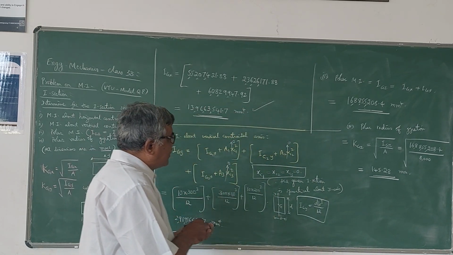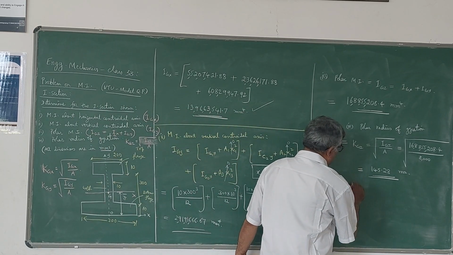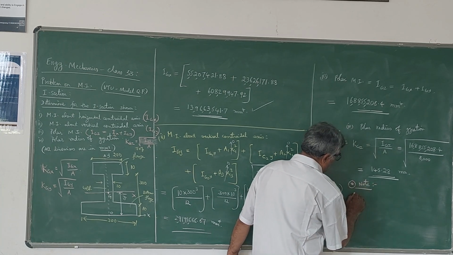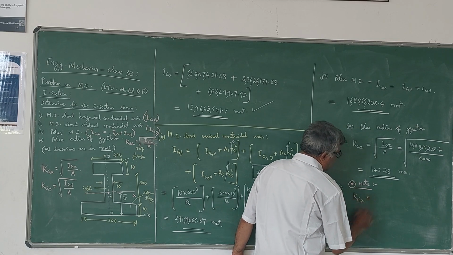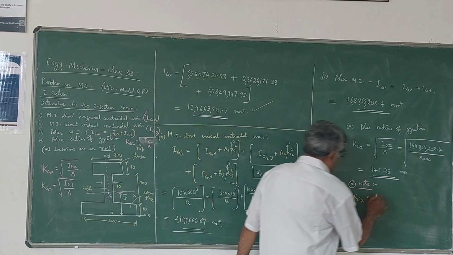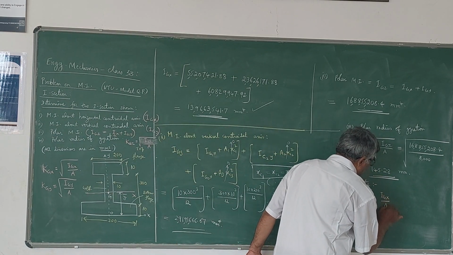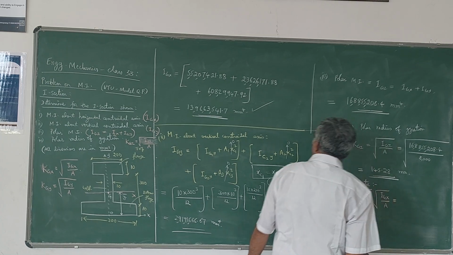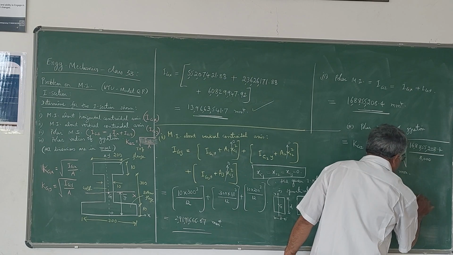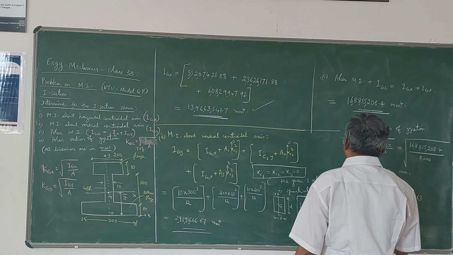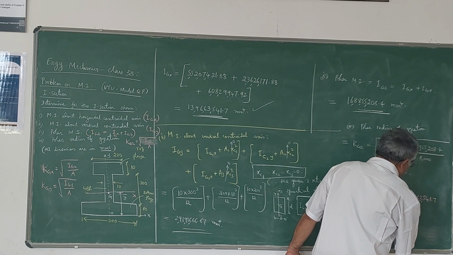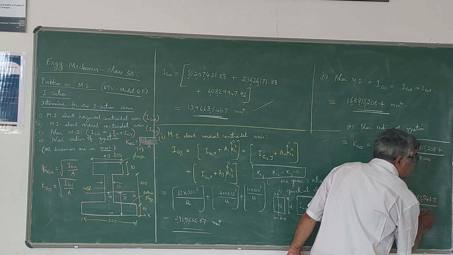Suppose in the problem they ask you to find the radius of gyration about the horizontal centroidal axis, then it is kgx. Please note, I have written here kgx, which is nothing but root of Igx by A. So here Igx we got 139663541.7, divided by the total area, as usual 8000. This is under root.